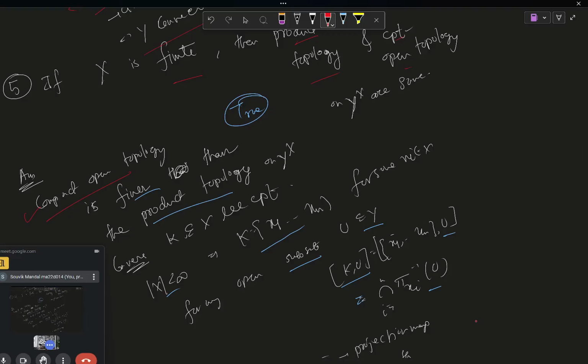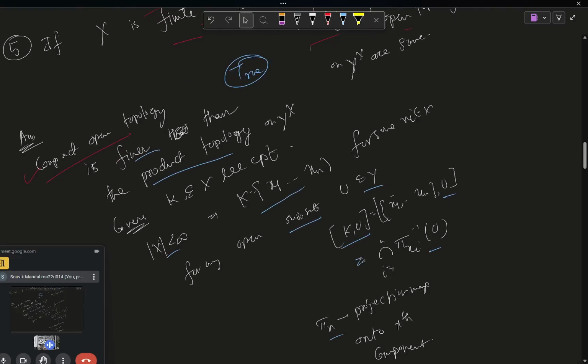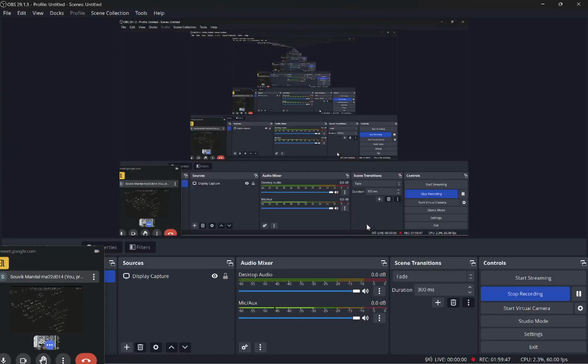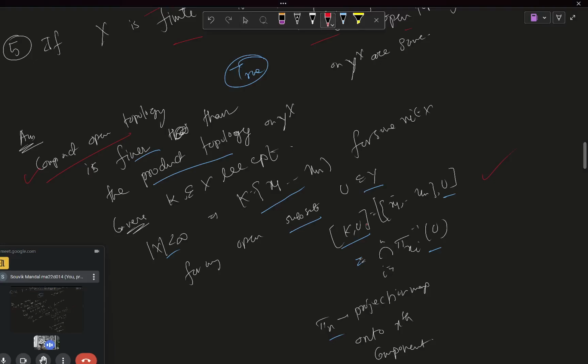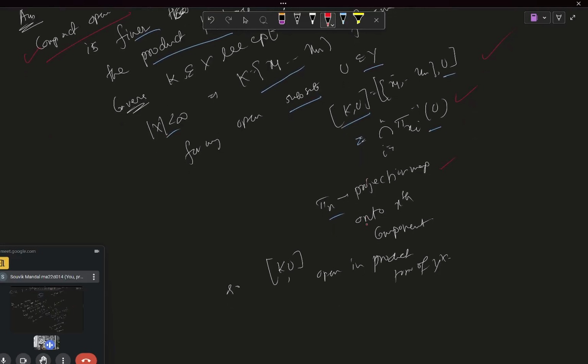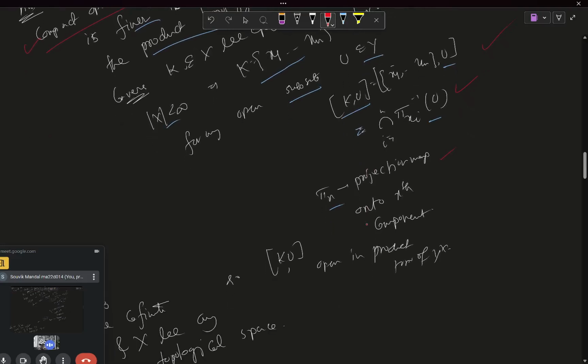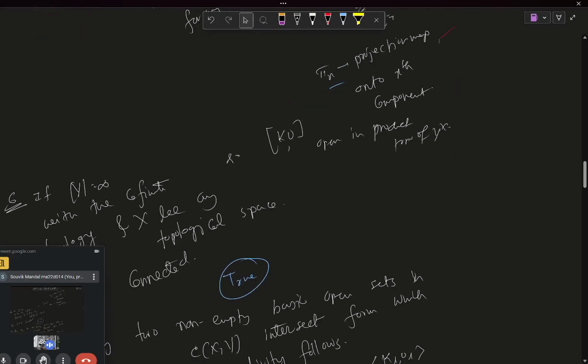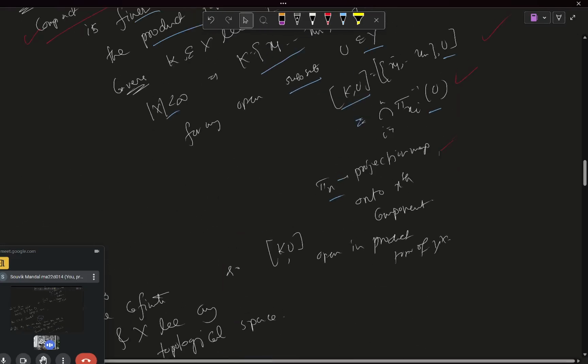Now for the converse, since x is finite, K is equal to {x1, x2, ..., xn}, and then for any open subset U of y, [K, U] is the intersection of the sets [xi, U], which are the preimages of U under the projections onto the xi-th component. So [K, U] is open in the product topology. Right. So that's all. Okay.